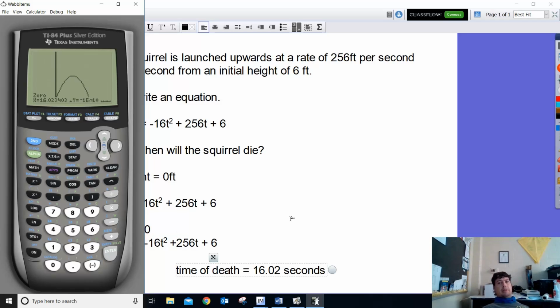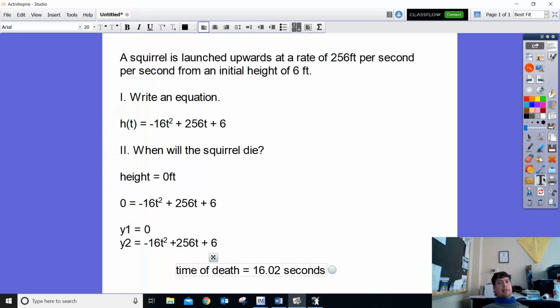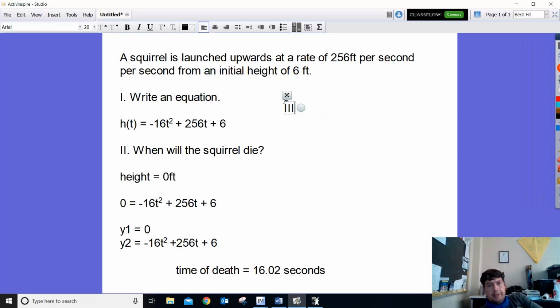All right, let's add another question here. We can do that with a TI-84 if the graph is on the screen. Number 3. Find height after 3 seconds. What we're going to do is we're going to use the value function.